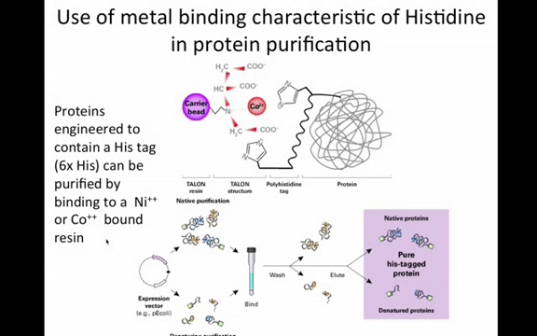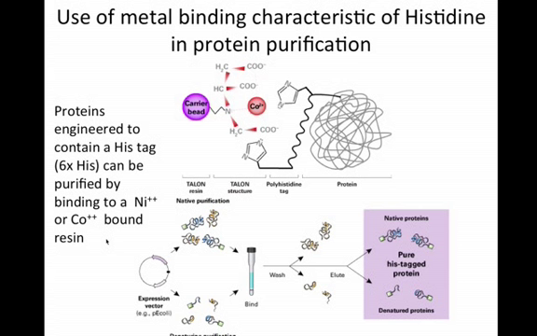And this is how it looks. You'll have some resin, a bead made of agarose or some kind of solid material that's going to be bound to the ion. In this case, it's cobalt, but frequently it's nickel. It also has the 2+ charge.